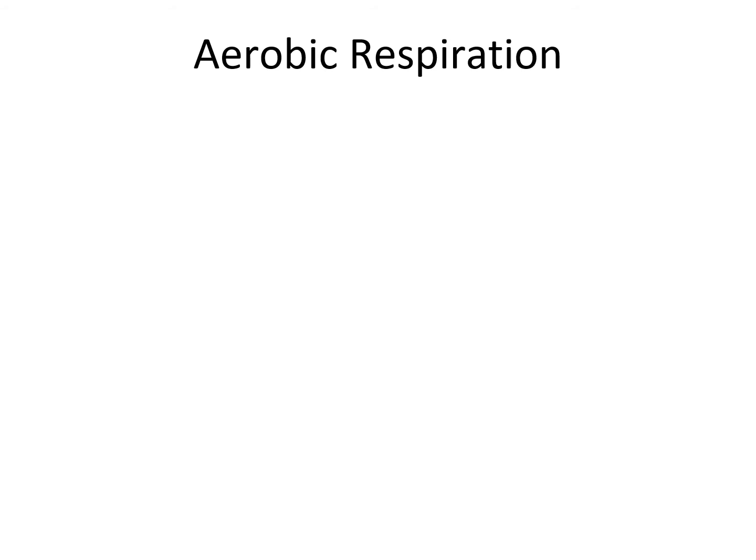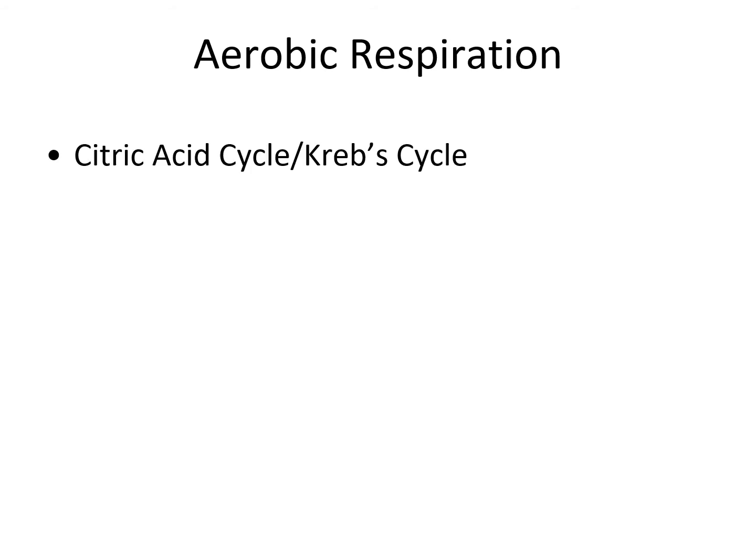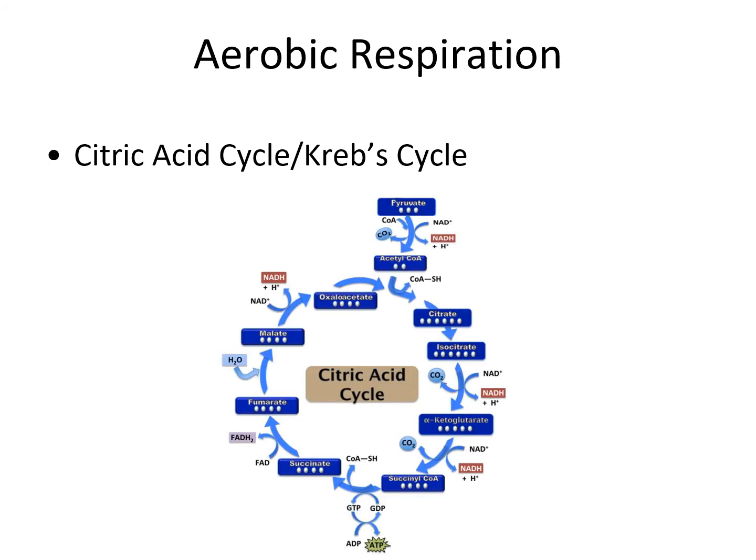The second stage of aerobic respiration is the citric acid cycle, or formerly known as the Krebs cycle. And this is a diagram of those reactions. And for this, the pyruvate that was generated during glycolysis is going to be converted into acetyl-CoA so it can enter into the cycle. And during the process, that acetyl-CoA is going to be oxidized.